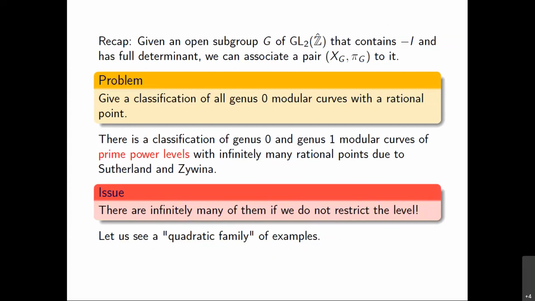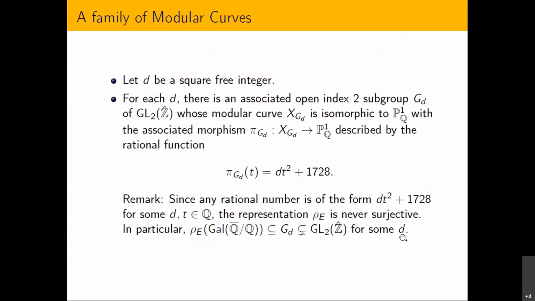So let us see a family of examples, and it will be clear why it is a quadratic family. This family is going to be parameterized by a square-free integer d. For each d, I have an associated open index 2 subgroup G_d, and the associated modular curve is P^1 over Q. And the morphism π_{G_d} is described by this rational function: t goes to d t^2 + 1728.